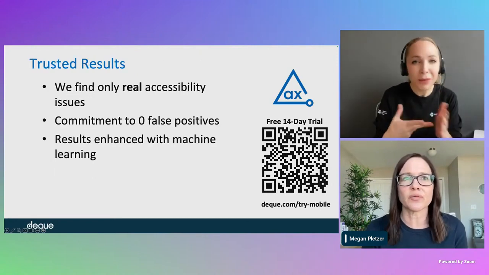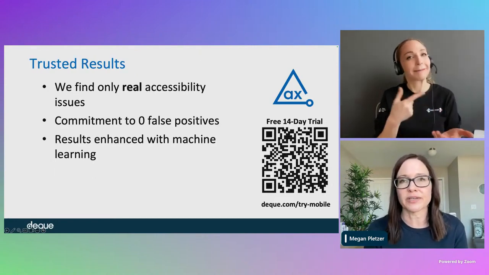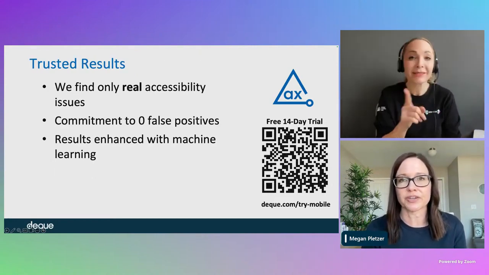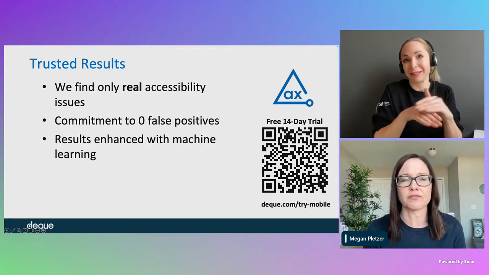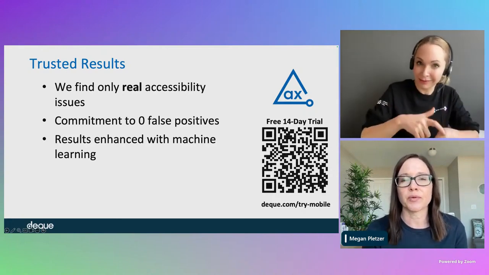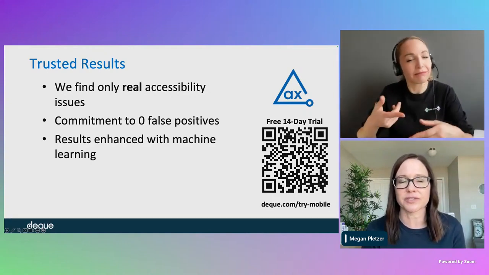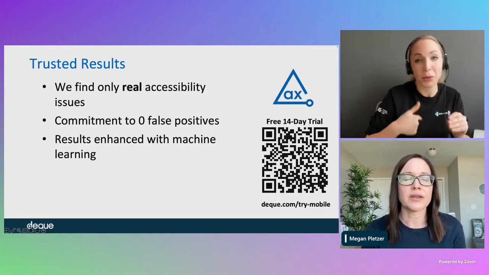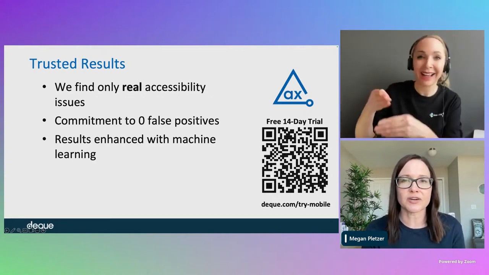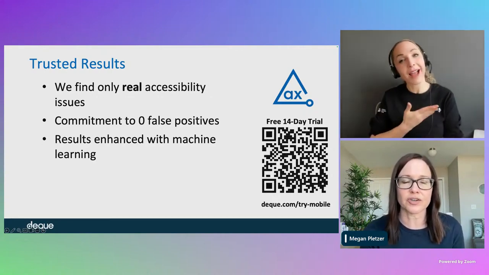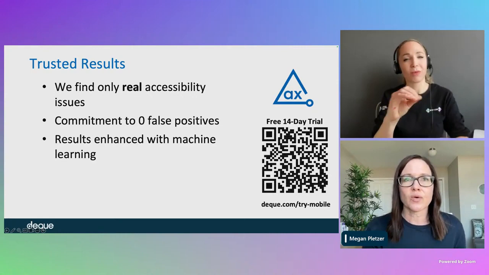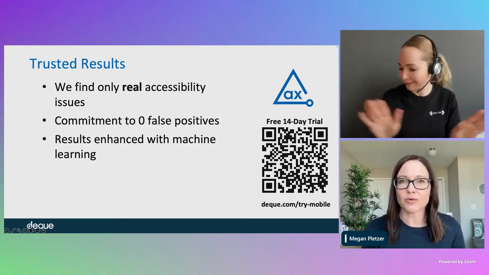It just really means that we are finding only real accessibility issues, things that we really think you should spend your time, your developer time, your tester time finding and fixing. And we believe that if you fix these, they will make a significant impact to that experience for your end users. And it also means that our commitment to zero false positives is part of our trusted results as well. So we do a lot of due diligence when we're creating new rules.